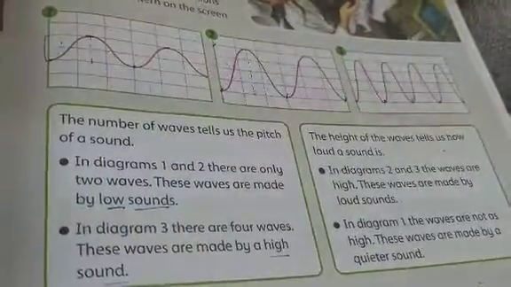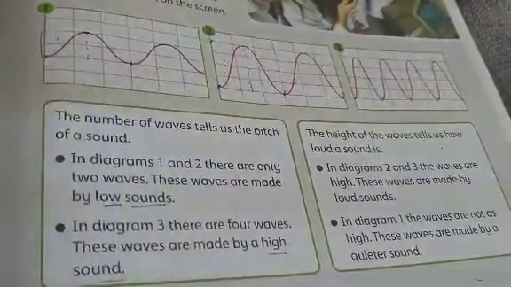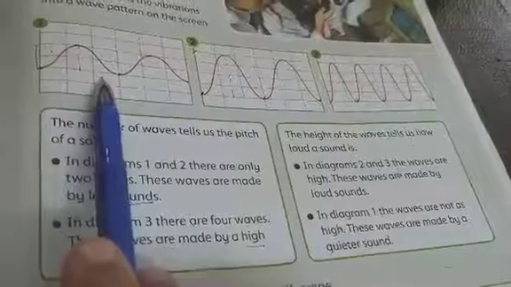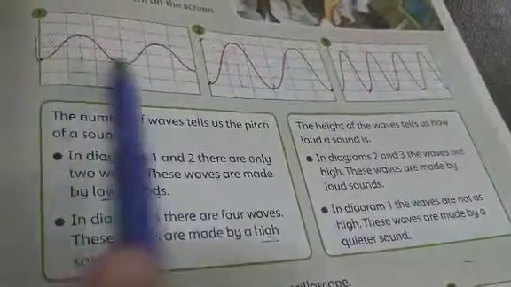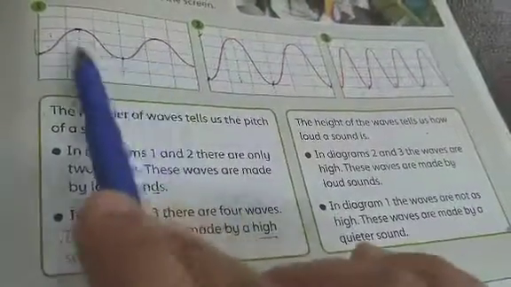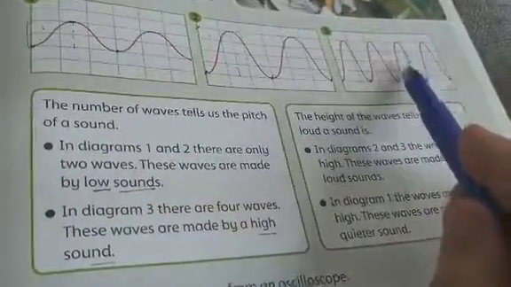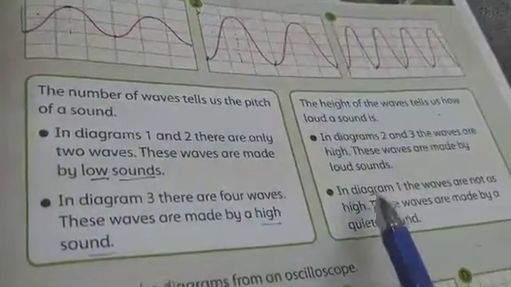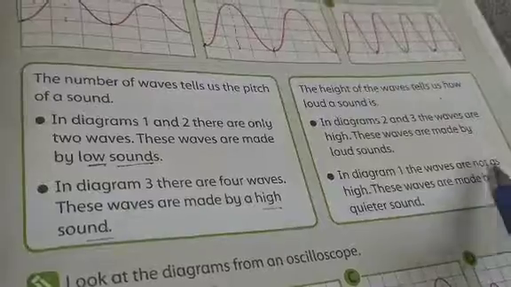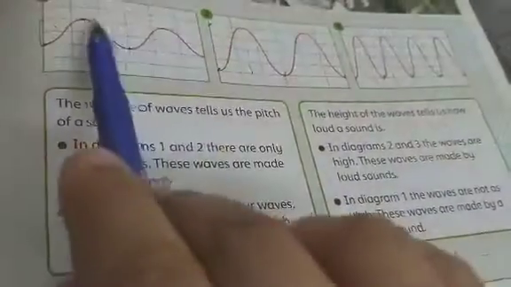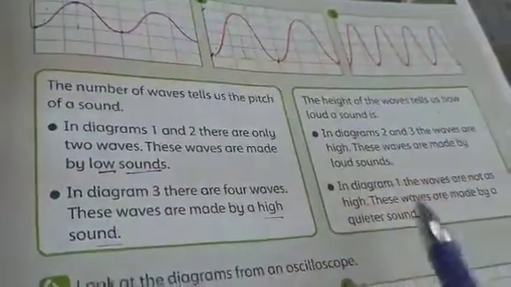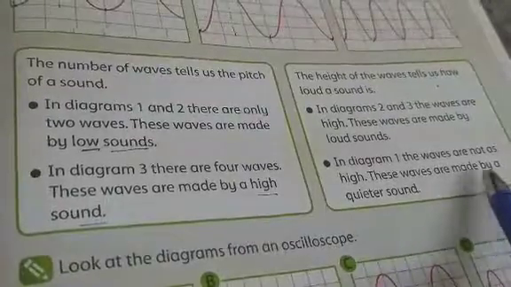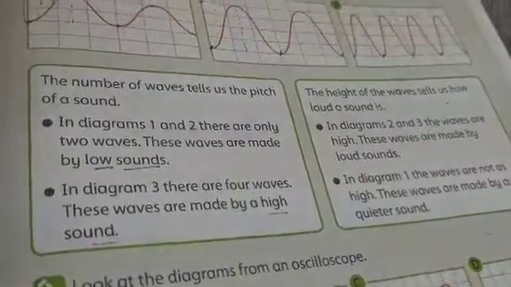Okay, here girls, here we have high pitch or low pitch? We have low pitch. Why? Because we have a number of waves less than number 3. So in diagram 1, the waves are not as high. It's not as high like number 2 and 3. These waves are made by a quieter sound.